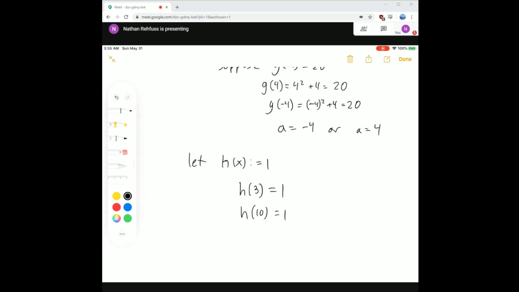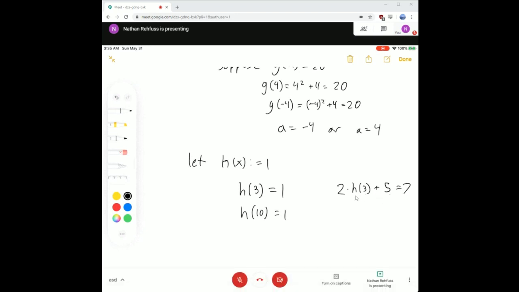And I can do operations with an output. So I can say something like 2 times h of 3 plus 5. That would be 2 times 1 plus 5 is 7. So I'm allowed to do algebra with these outputs. The outputs honestly look a lot like variables in the way they behave.